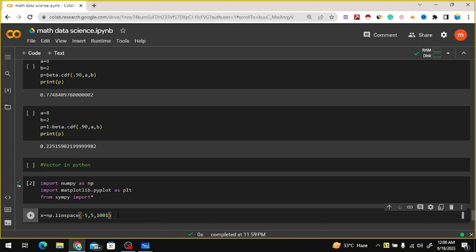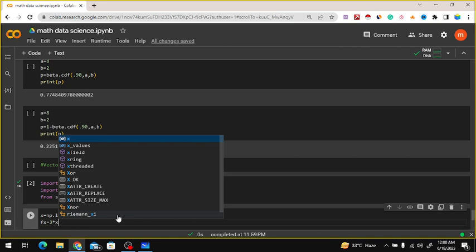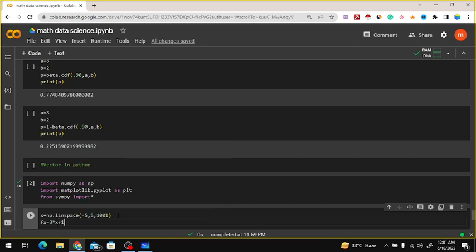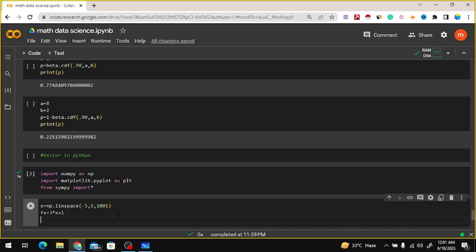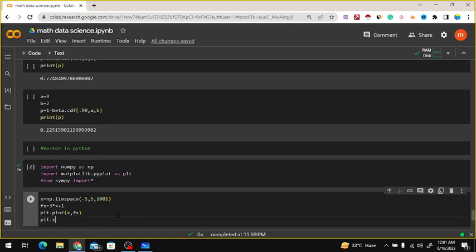And I have written the equation f(x). So I write here f(x) equals 3 times x plus 1, and then plt.plot(x, f(x)) and plt.show().